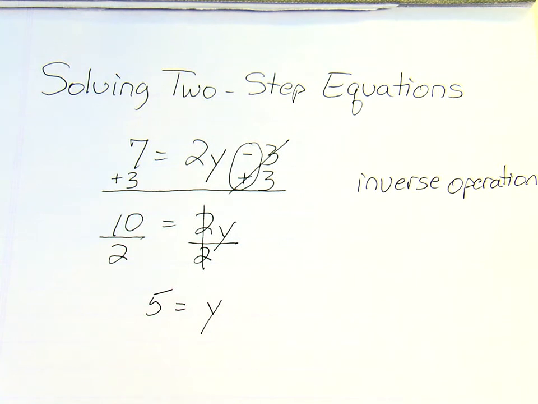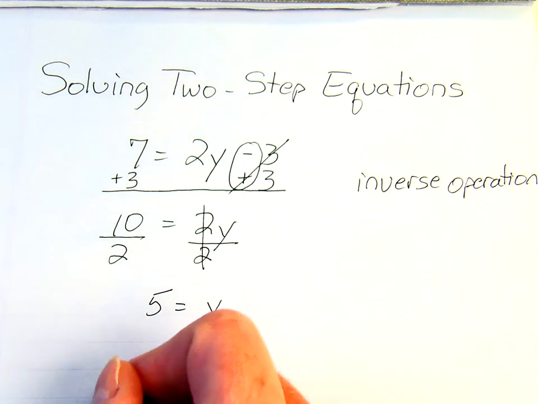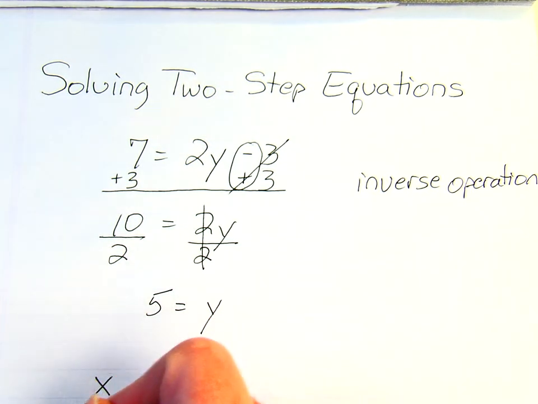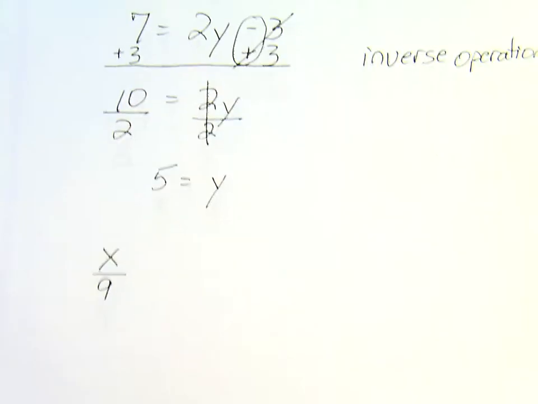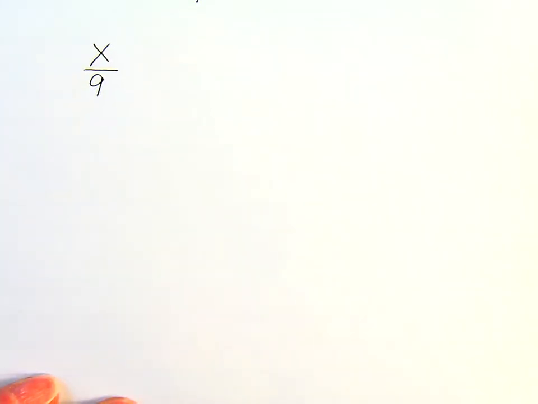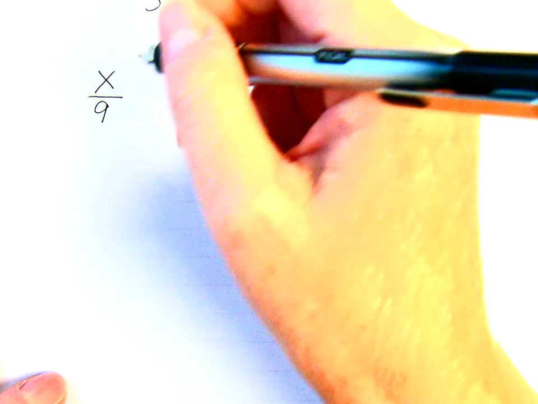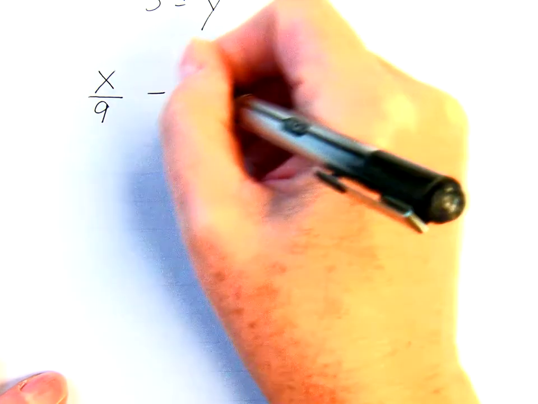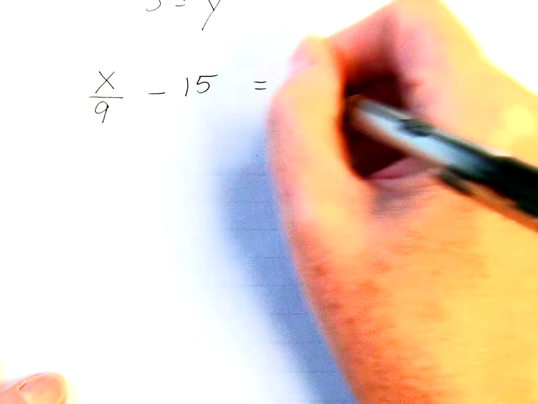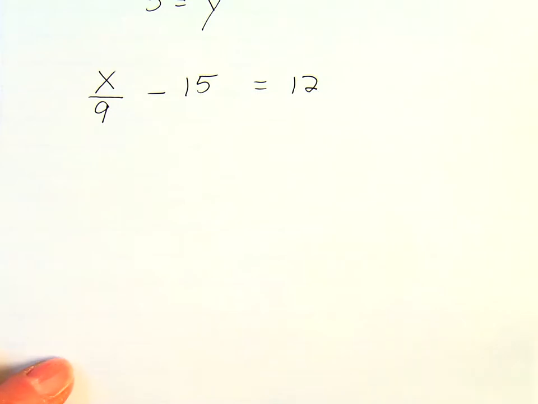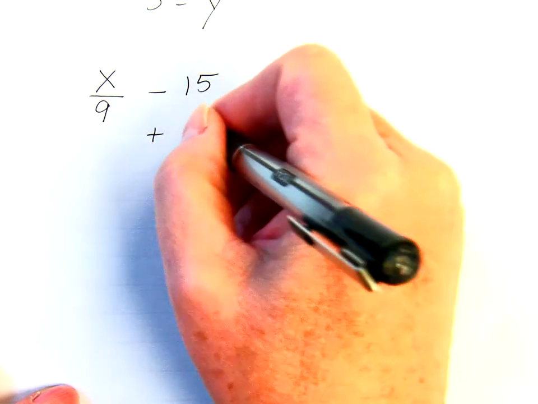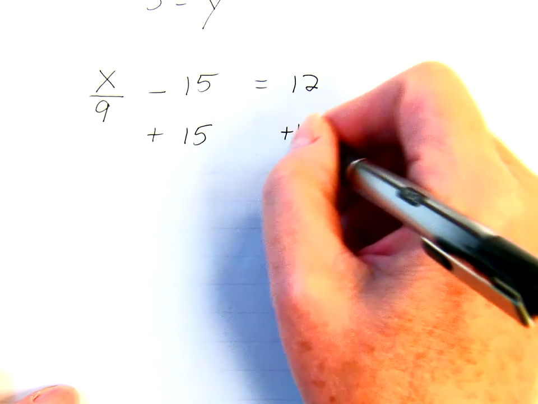Okay, let's look at another problem. X divided by 9, and let me move my camera here. X divided by 9, and we're going to subtract 15 equals 12. Once again, first we undo the addition or subtraction, so I'm going to add 15 to both sides.